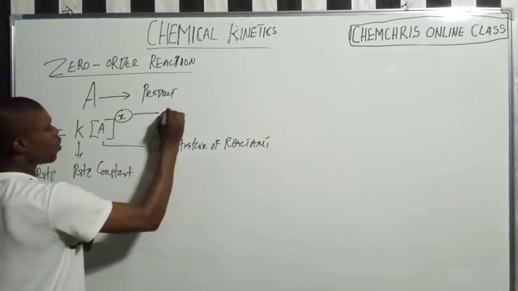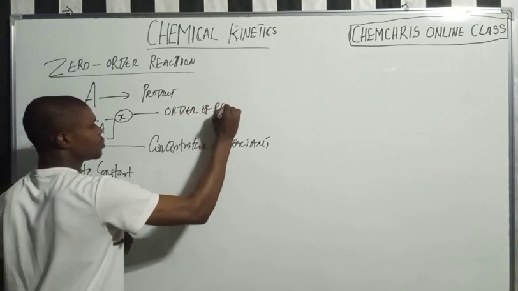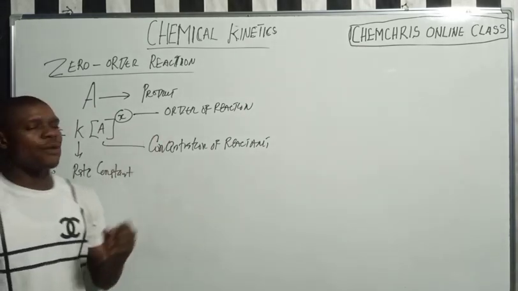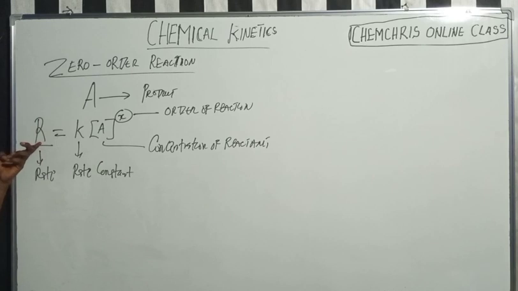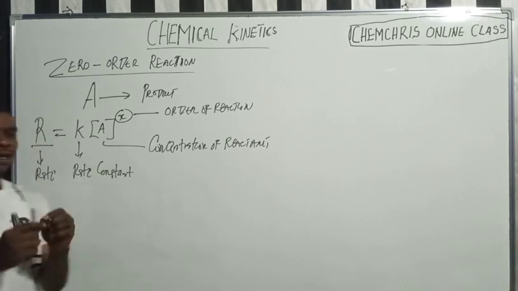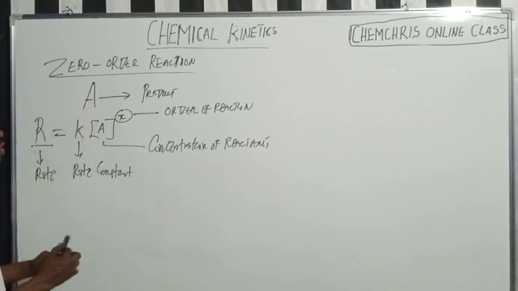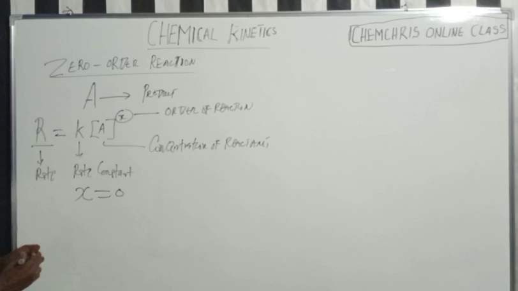Now, why does x mean the order of reaction? The order of the reaction tells how the concentration is related to the rate of the reaction. Do you get that? So if I talk about zero order reaction, my x is going to be zero.